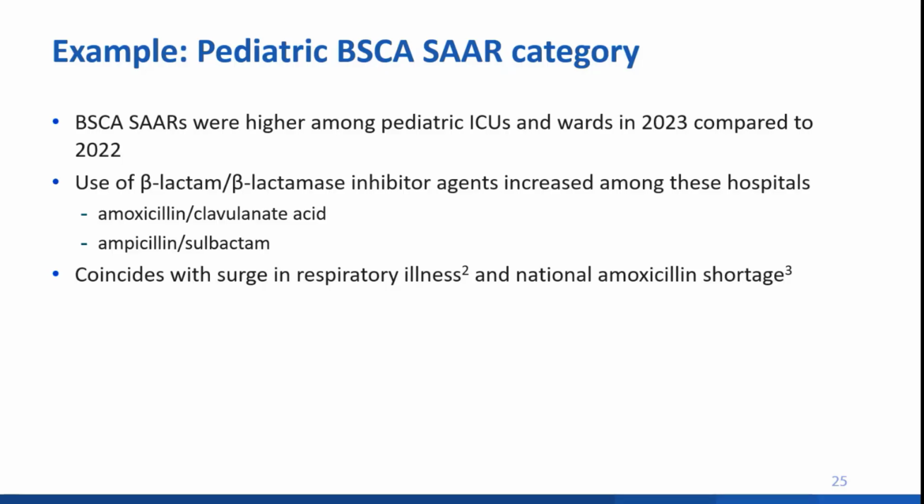But upon further investigation, use of beta-lactamase inhibitor agents increased among these hospitals, specifically amoxicillin/clavulanic acid and ampicillin/sulbactam. And this increase coincided with a surge in respiratory illness and national amoxicillin shortage in late 2022, which may have contributed to a higher use of amoxicillin alternatives for pediatric patients.